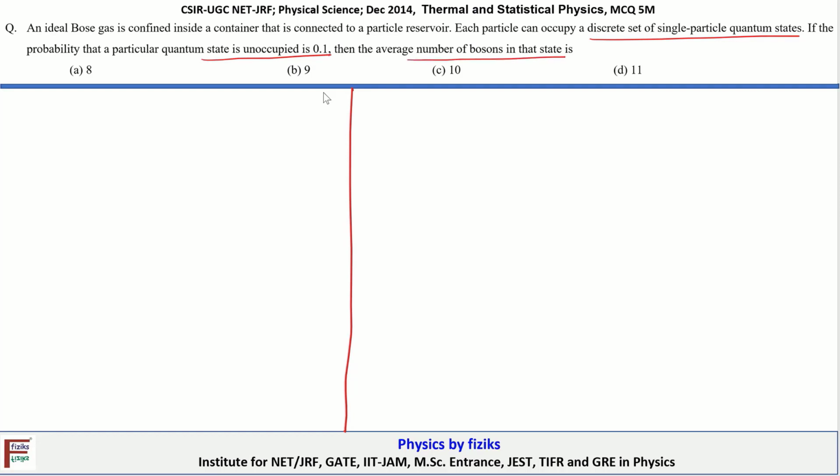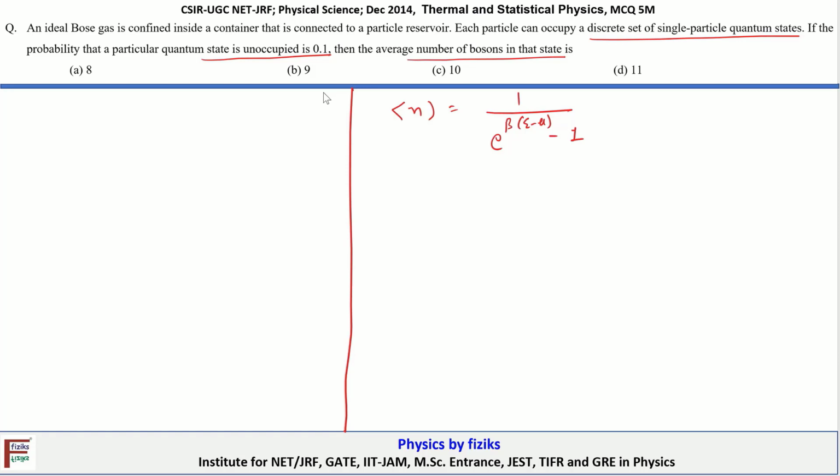So the occupation number for the boson, we know, is equal to 1 upon exponential of beta (E minus mu) minus 1, where mu is the chemical potential. We are given the probability that a particular quantum state is unoccupied.